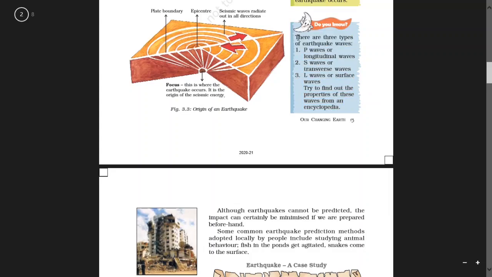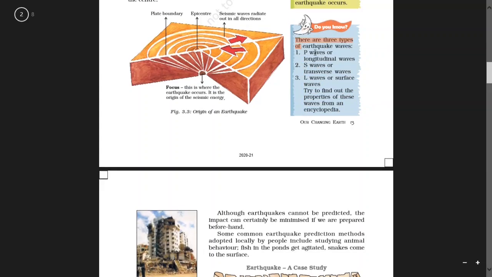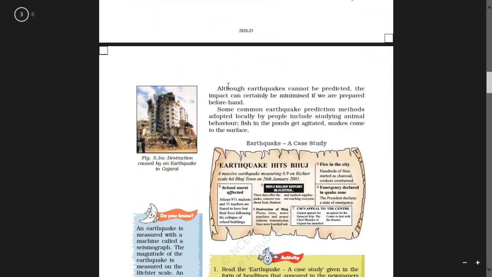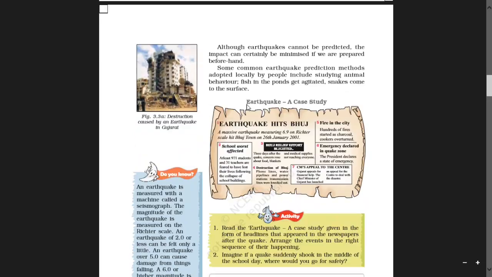Although earthquakes cannot be predicted, no one can say when it will happen, okay? The impact can certainly be minimized if we are prepared beforehand.